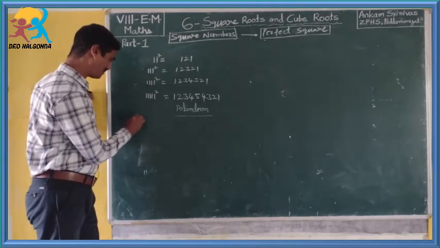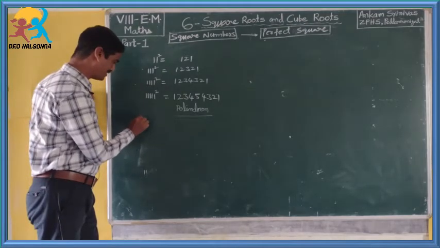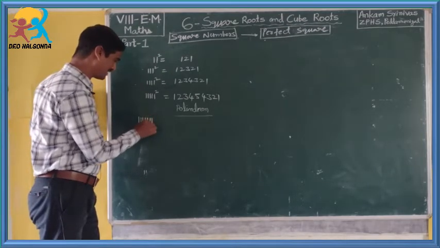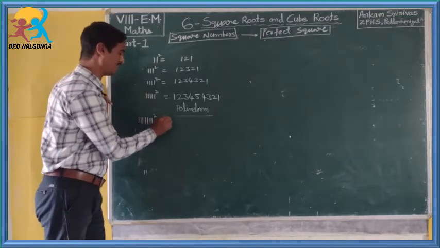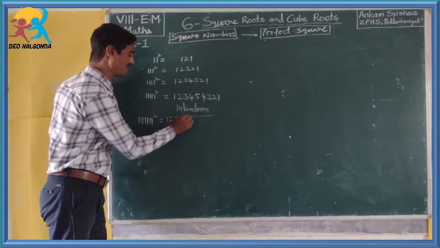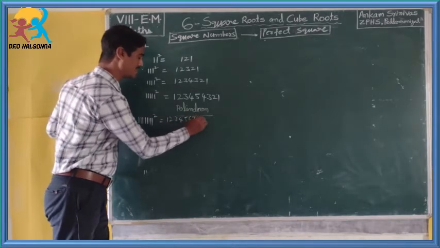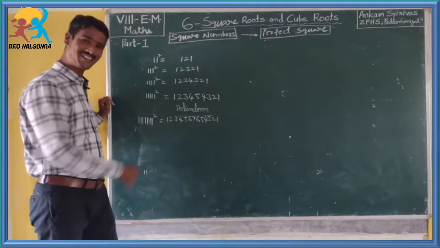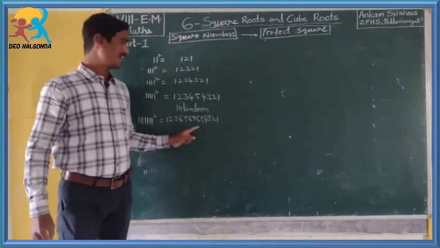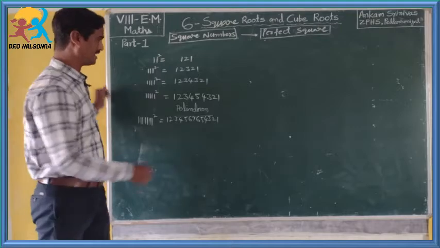So 1,234,567 square? Very easy: 1, 2, 3, 4, 5, 6, 7, 6, 5, 4, 3, 2, 1. Yes, very good.